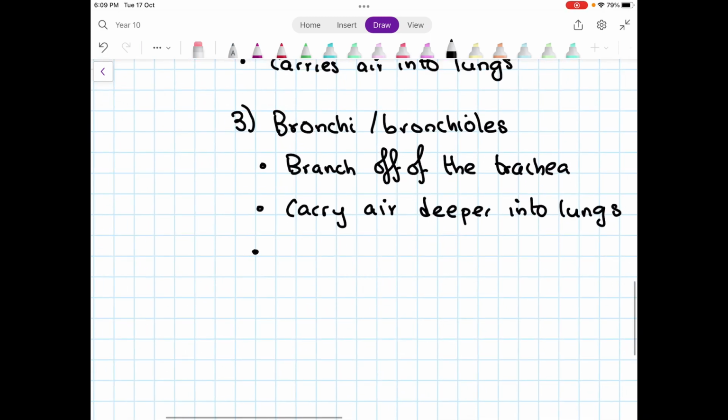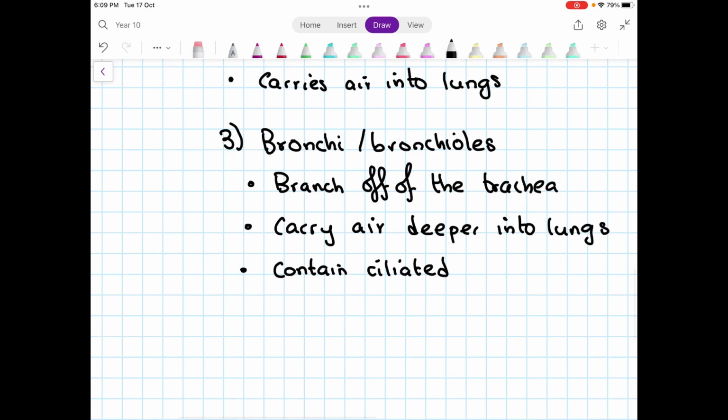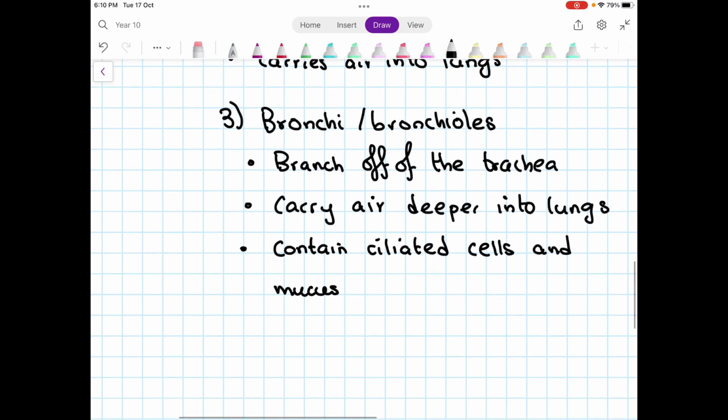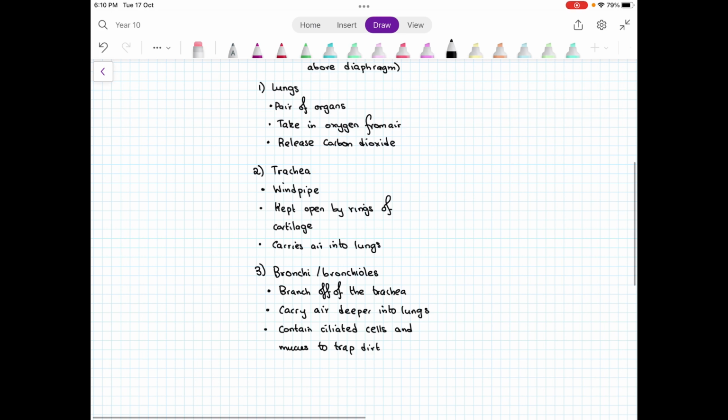Bronchi, bronchioles, and the trachea are actually covered in ciliated cells as well as mucus. And remember, cilia refers to small hairs. So ciliated cells and mucus trap dirt and prevent it from entering the lungs. And this helps reduce infections.